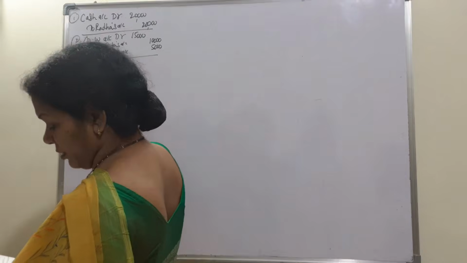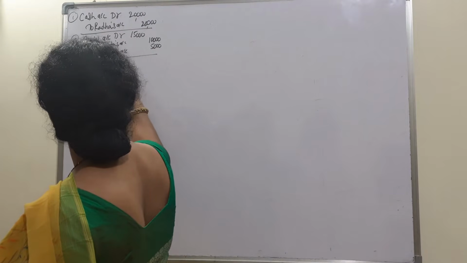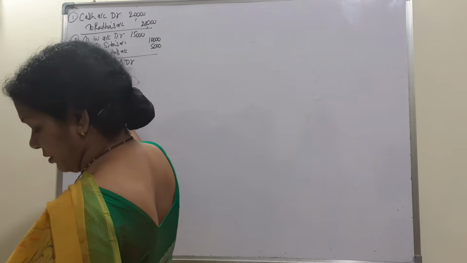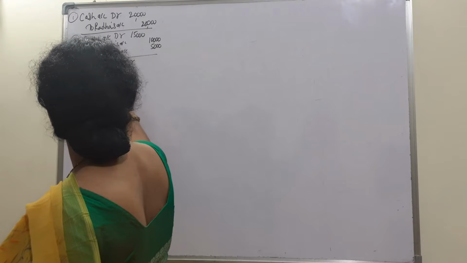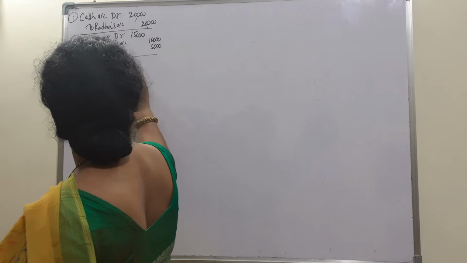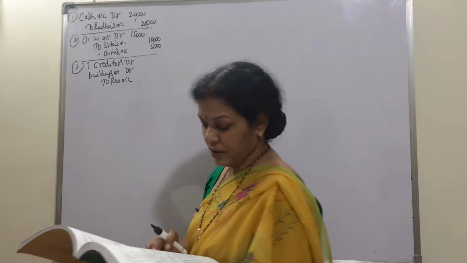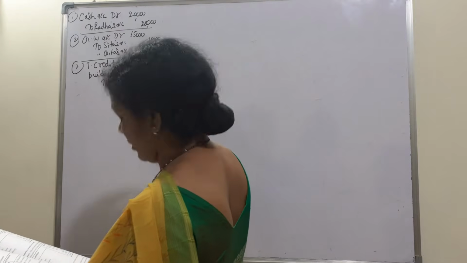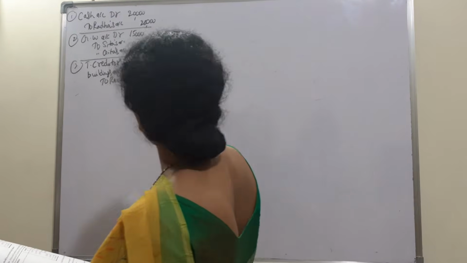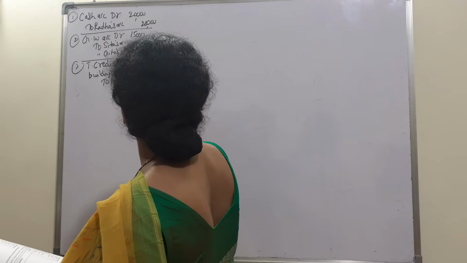Both together we can write as one entry: trade creditors account debtor, buildings account debtor, to revaluation account. Trade creditors reduced by 2,000 and buildings appreciated by 10,000, so it is 12,000 together.